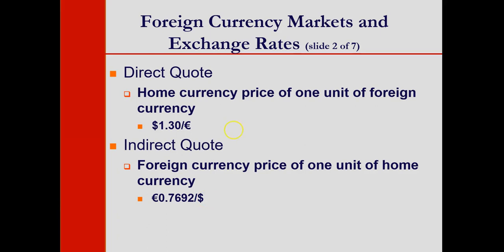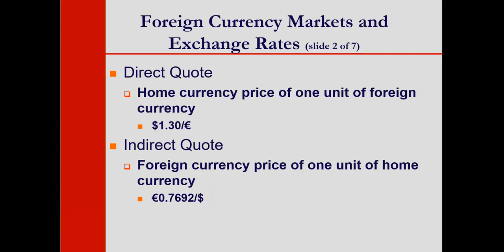So this is direct or indirect quote in the US. Okay, so this is the direct quote in US because home currency is US dollar. So the price is reflecting that this is the home currency price of 1 unit of foreign currency. Here we are saying this is the foreign currency here in the US. So foreign currency prices per unit of home currency.